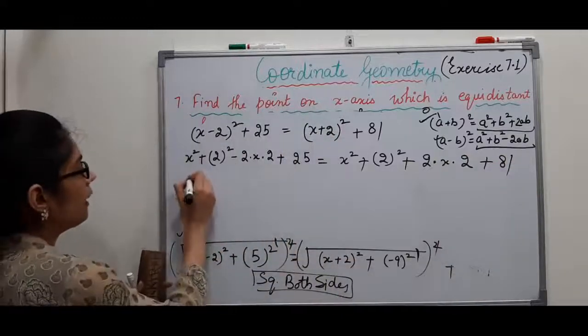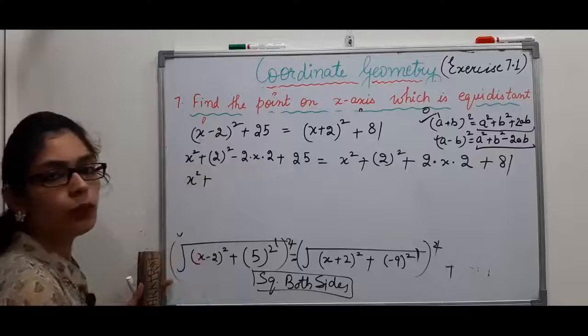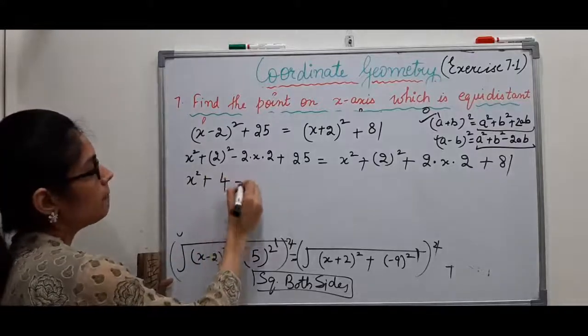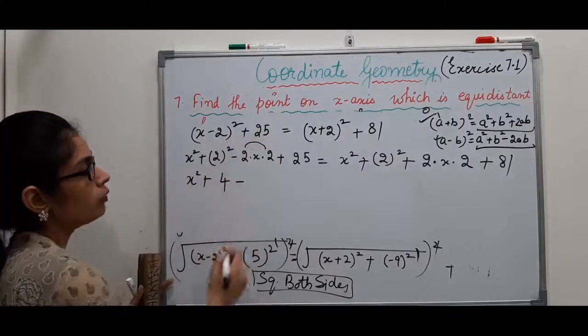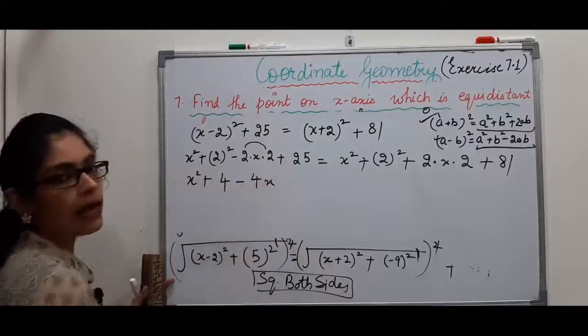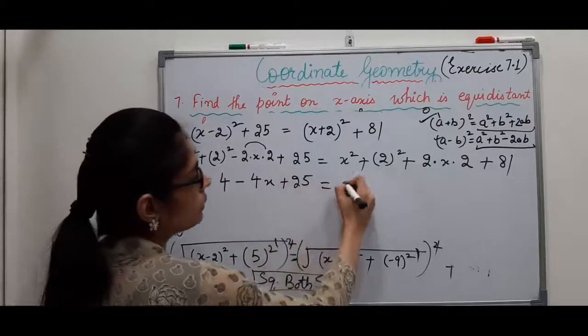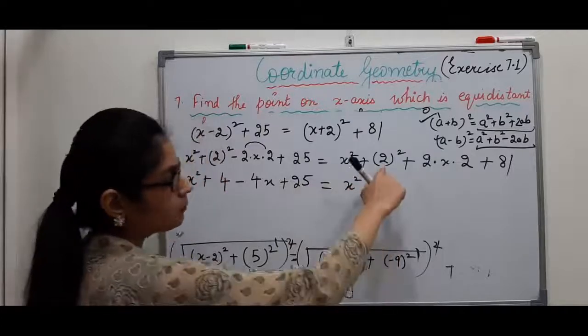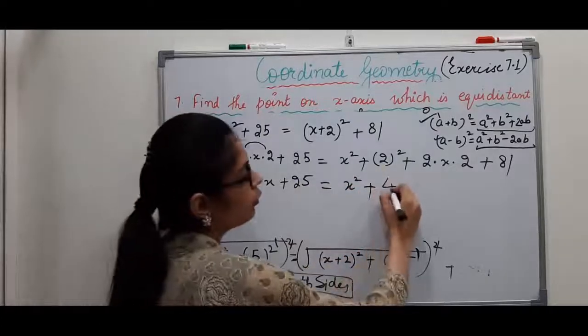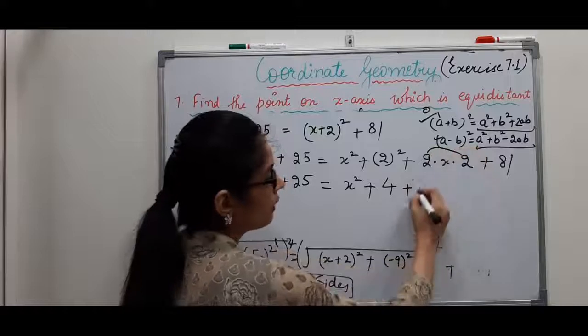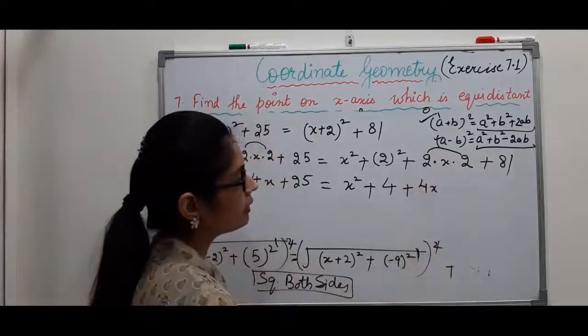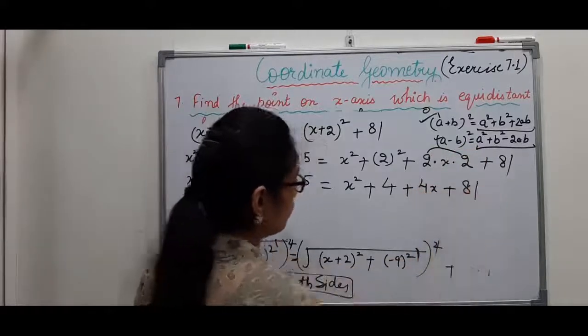Now x square, 2 square is 4, minus 2 into 2 is 4, x we will write as it is, plus 25 we will write as it is. X square plus 2 into 2 is 4, plus 2 into 2 is 4, x we will write as it is, plus 81.